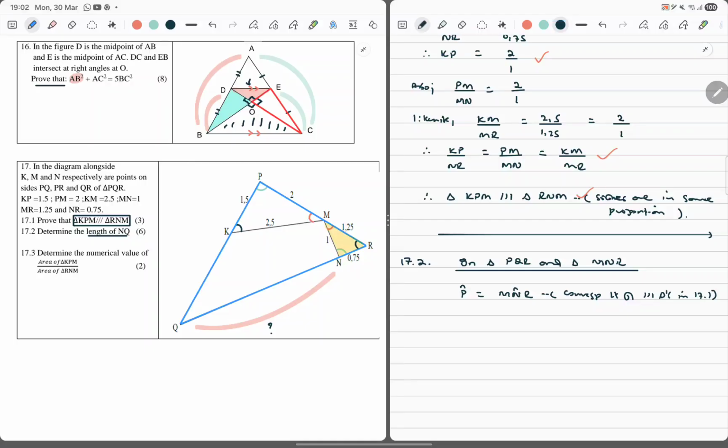Right. We can say here angle R is common. Right? Therefore, triangle PQR is itself similar to triangle MNR. Now, what else can we say?